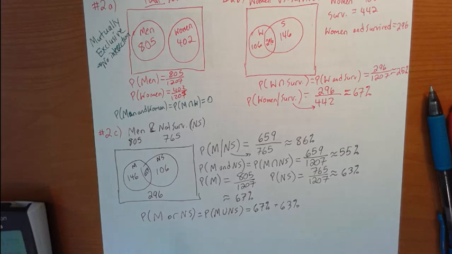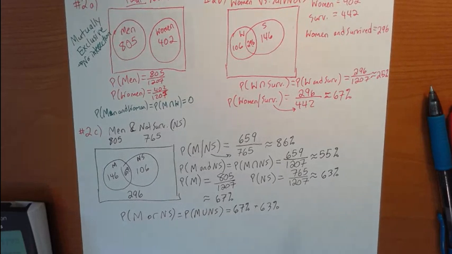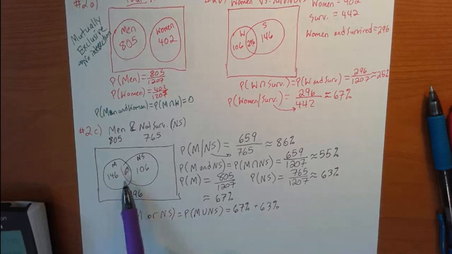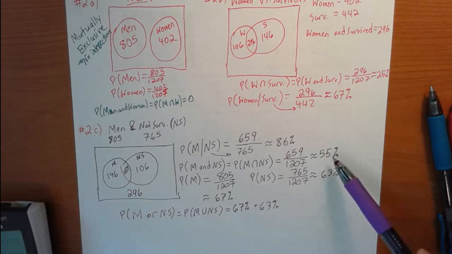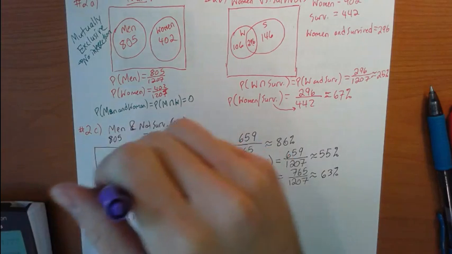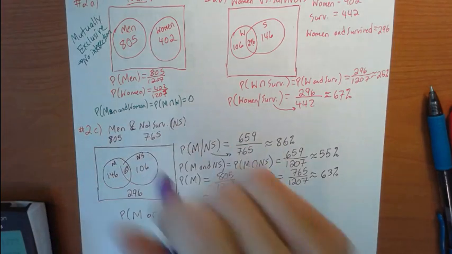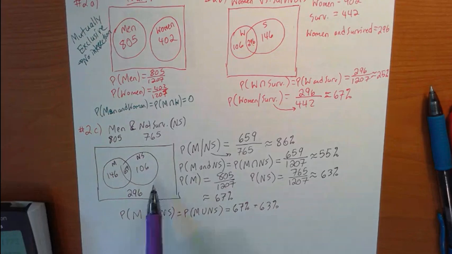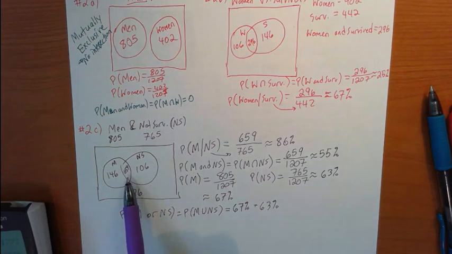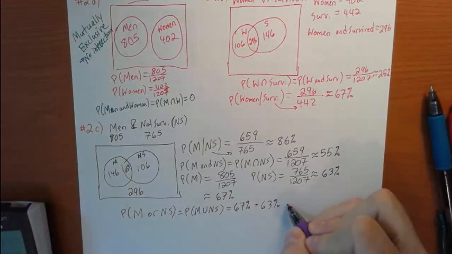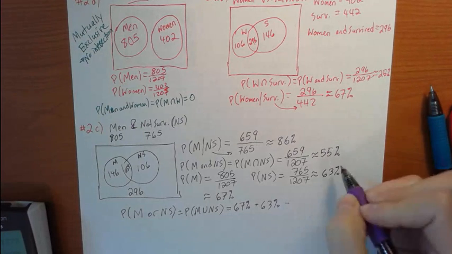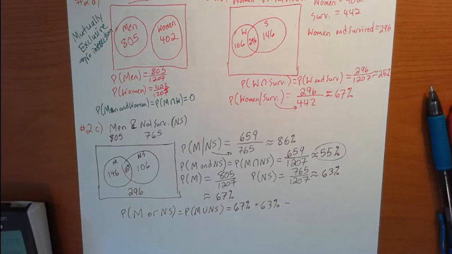So whenever you see that happening, you need to take away the middle part, that's 659, which is the 55% here. Because we counted the middle in the men's circle, we also counted it in the non-survivor circle. So we counted this middle part twice. So we need to take away the probability of both, which is this 55% right there.